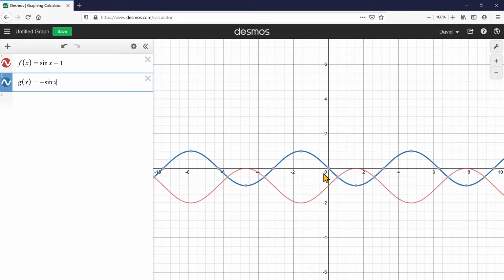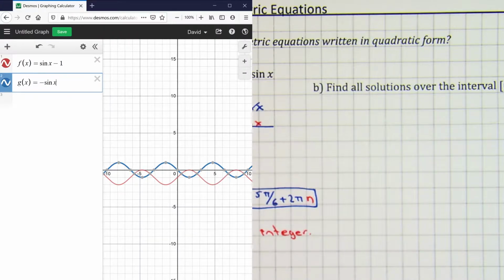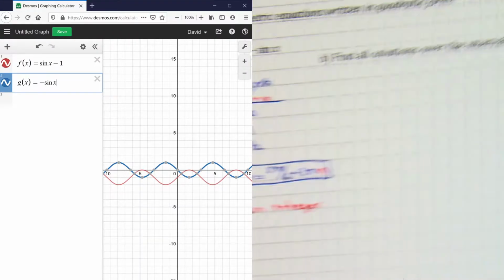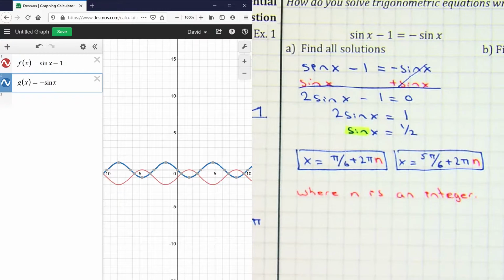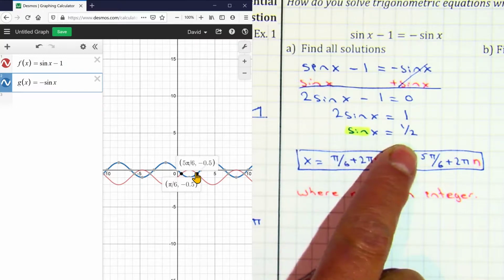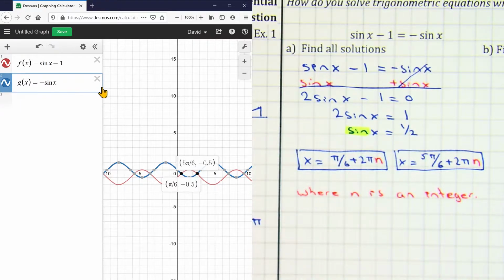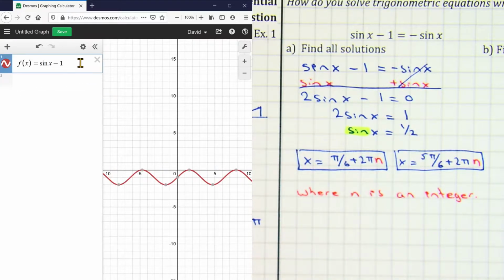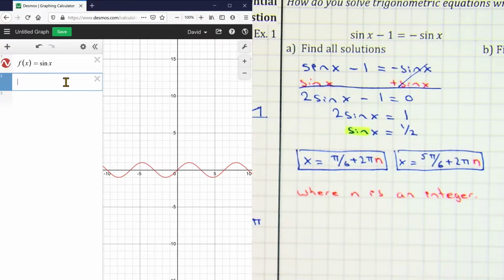And notice that my solutions are pi over 6 and 5 pi over 6. The same thing that we have here. I'm actually going to use this to find the solution instead. So now that we solved for sine of x, I'm just going to leave sine of x, and g of x will be 1 over 2.